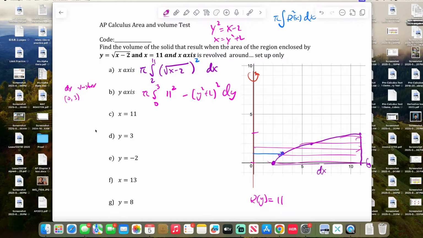Any questions about the second one? Got this? Okay, I think we're good. Nizar, is that okay? Yeah. Okay, so just always ask yourself one question: dx or dy, disk or washer, boundaries, and don't forget certain things like pi.